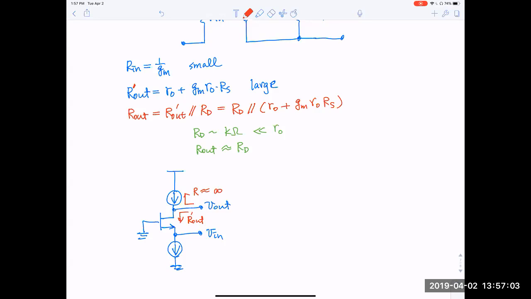So if we use this biasing scheme rather than RD, then our R out will remain very large. This is R out prime in parallel with a resistance that's infinity. So this is still R out prime, which is R0 plus GM R0 times RS. So this will preserve the large output resistance, which is desirable for a current amplifier.